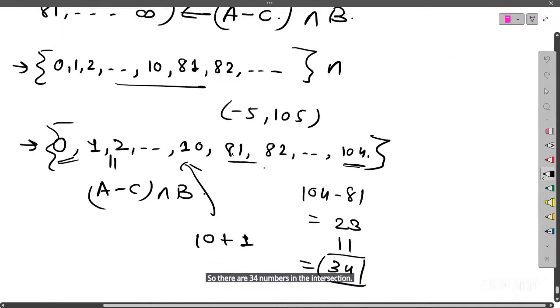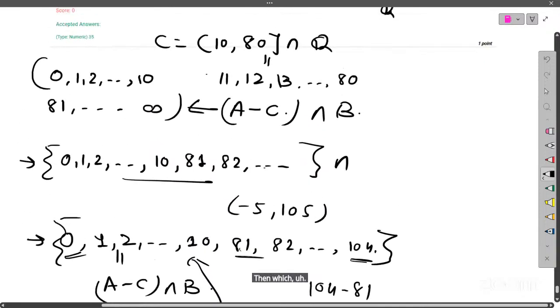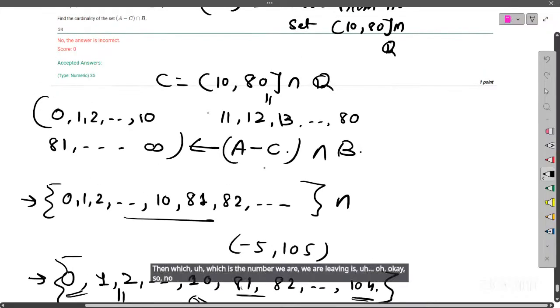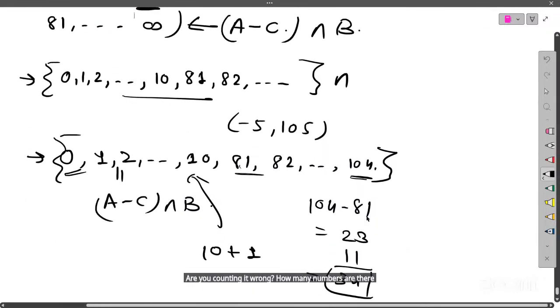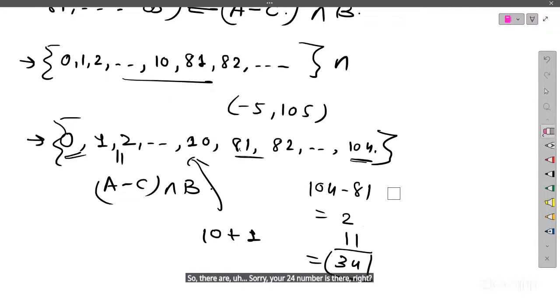35 is there. Yeah, ma'am, I got 34. Then which is the number we are leaving? Oh, okay, so we also take 10. Are we counting it wrong? How many numbers are there from 81 to 104? So there are 24 numbers, right?